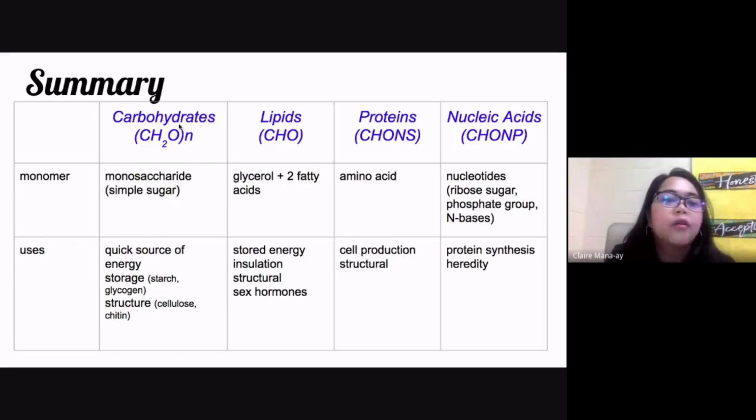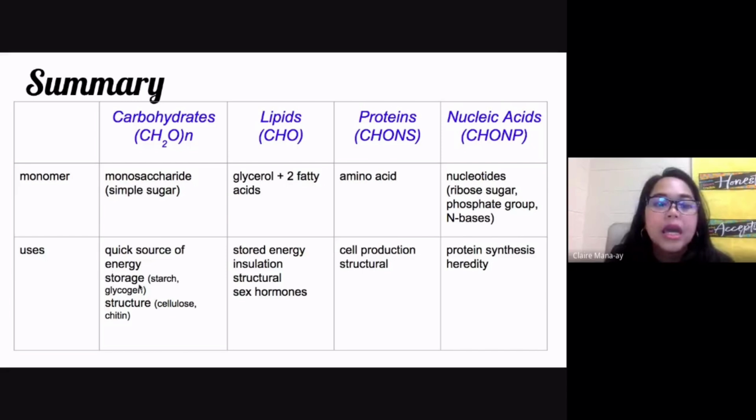Now, your carbohydrate, you have your carbon, your hydrogen, and your oxygen in a ratio of 1:2:1. That would be your carbohydrate. Now, the monomer, the basic units of your carbohydrate would be your monosaccharide or simple sugar. As for the uses, we said this is the quick source of energy.